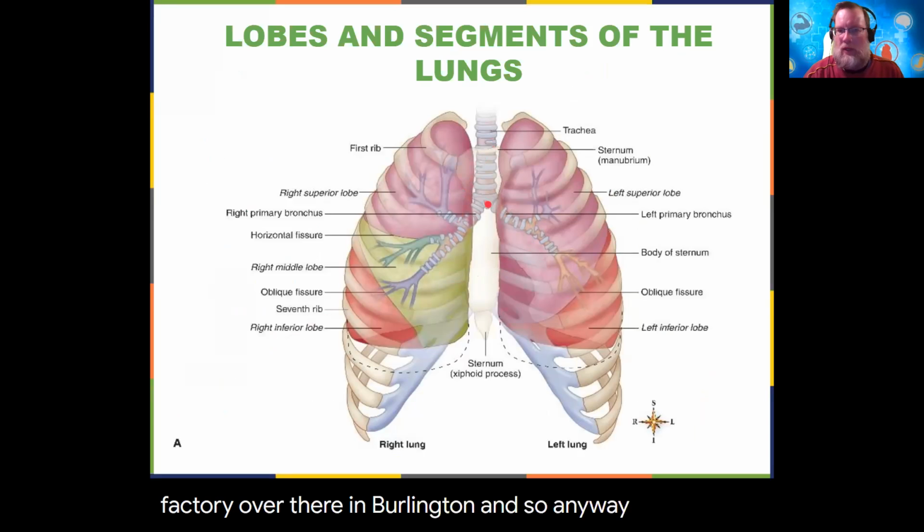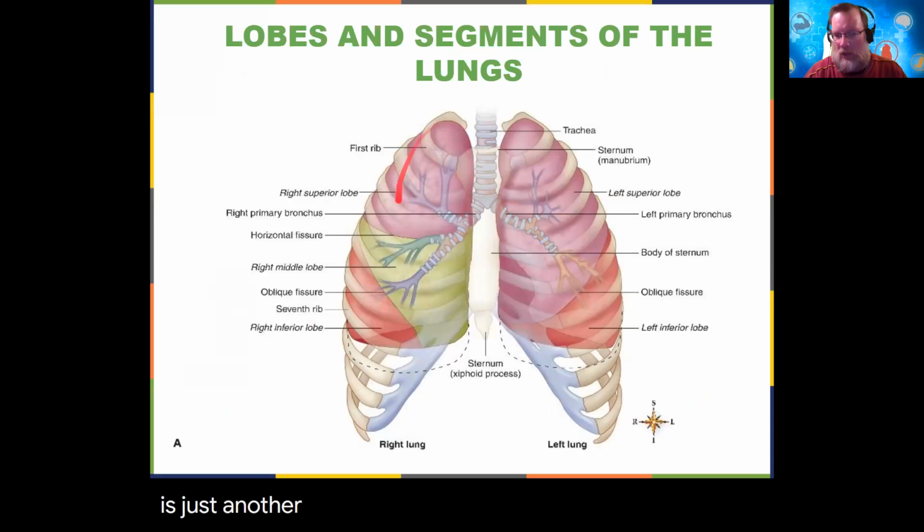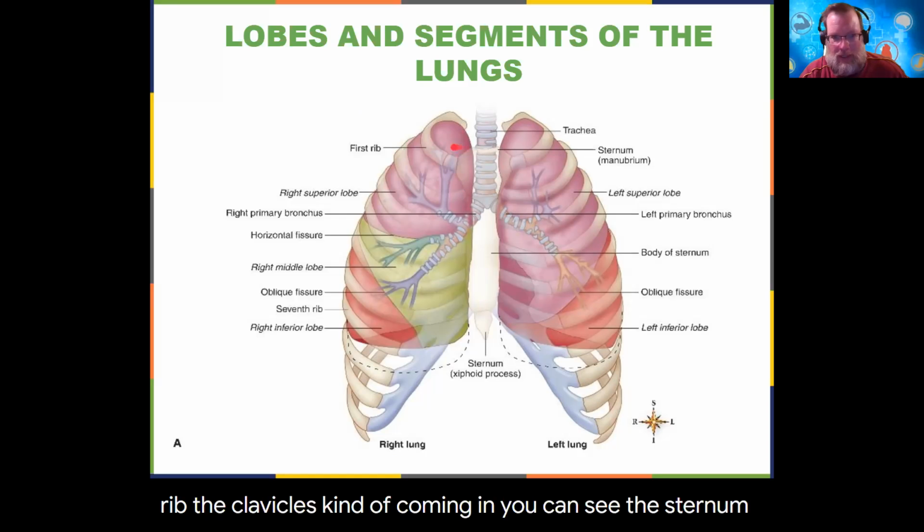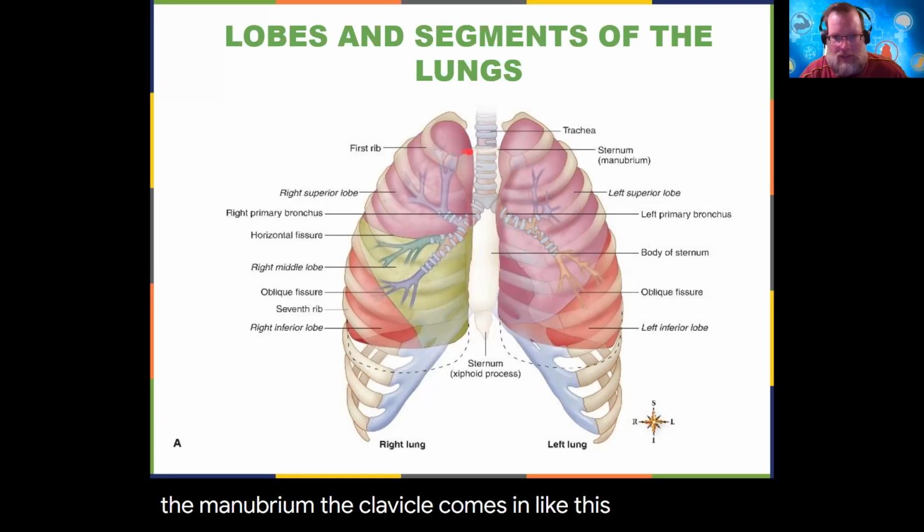So anyway, that's pretty much it. There's not a heck of a lot left. This is just another nice closure slide showing you we'll add the ribs into the mix. You can see that first rib, the clavicle kind of coming in. You can see the sternum, the manubrium, the clavicle comes in like this, right over that first rib and that apex of the lung.